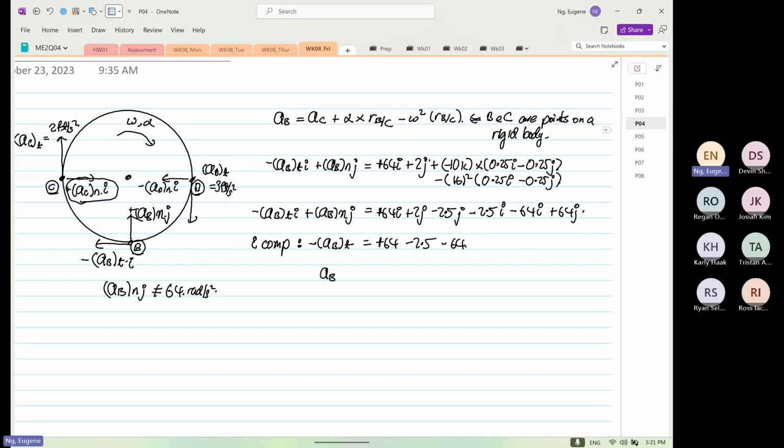So aB in the tangential direction is equal to what? 2.5 feet per second squared. Okay. So the j component comes in.